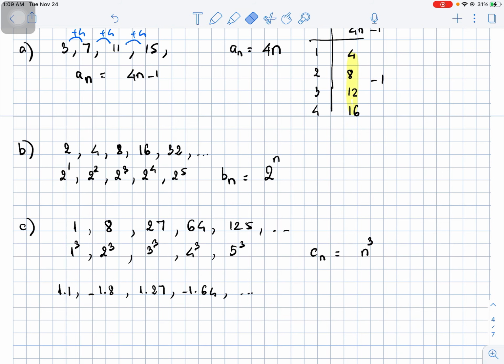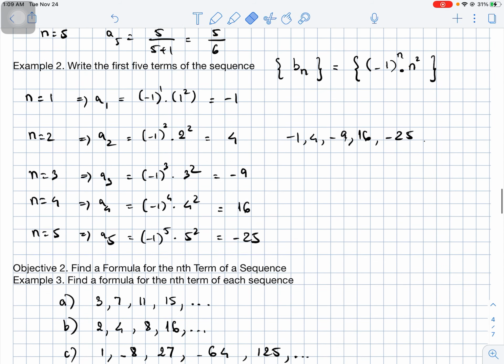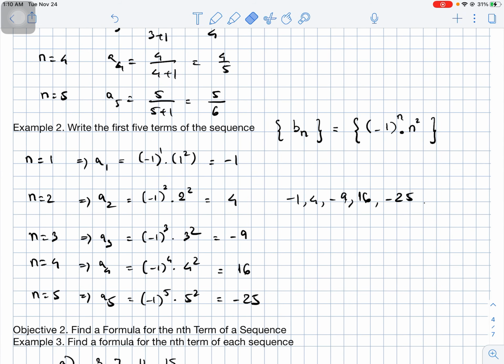So let's look at the example before, example number 2. Go back to example number 2 and look at this (-1) to the n. When you have (-1) to the n, it will give you alternating signs. Minus, then plus, minus, then plus, and minus. Okay, so we will do (-1) to the n.